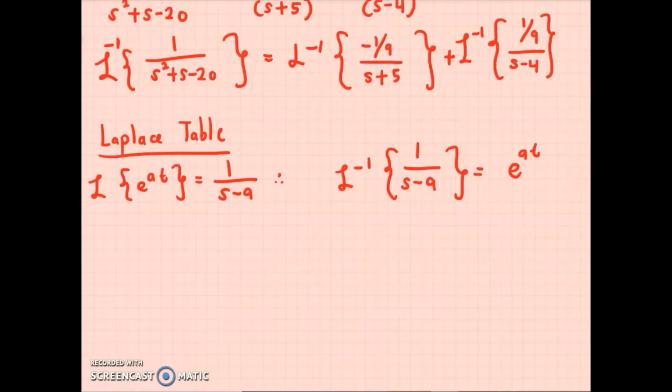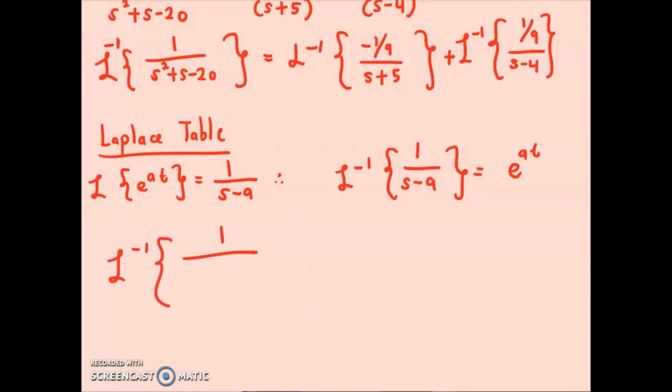So I'm going to use these two definitions. The Laplace inverse of 1 over s squared plus s minus 20 is given by, okay, to get a here, my a is 5, right? So I have to cancel these terms out. How do I do that?